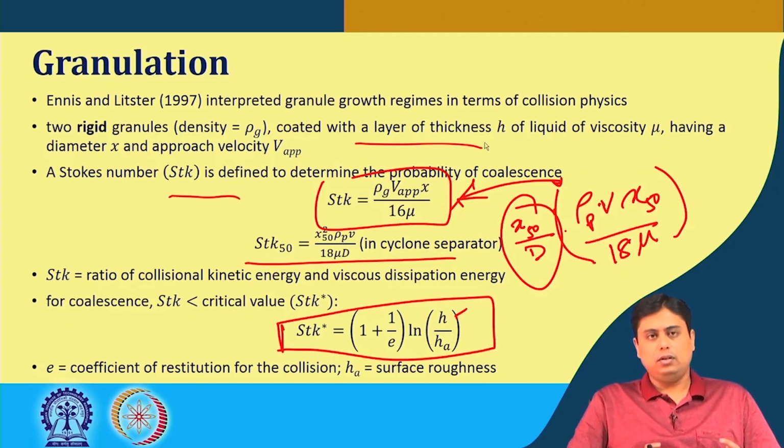So, if this Stokes number becomes lesser than the critical value, then all collisions will be converted to coalescence.